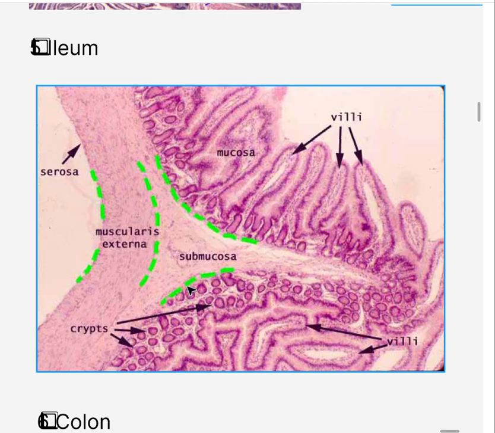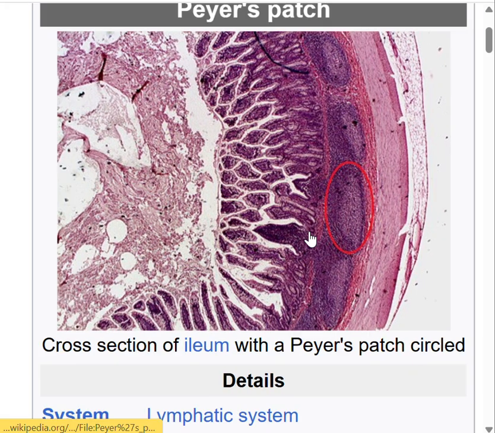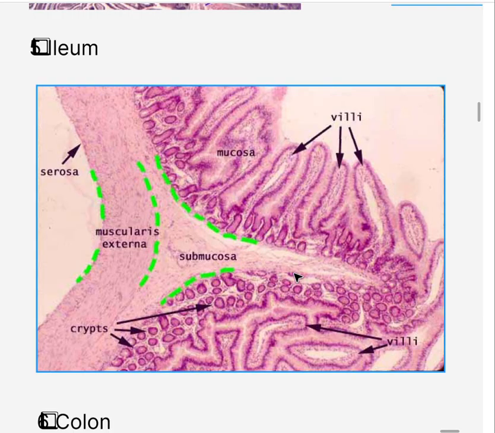So this is where you have the aggregated lymphoid nodules. This is basically a Peyer's patch. Can you see it? It's part of the submucosa and it's an aggregated lymphoid nodule. This circle shows you a Peyer's patch circled. And going back to the original image, the villi are shorter, blunted. You have Peyer's patches here and they extend from the lamina propria all the way to the submucosa.